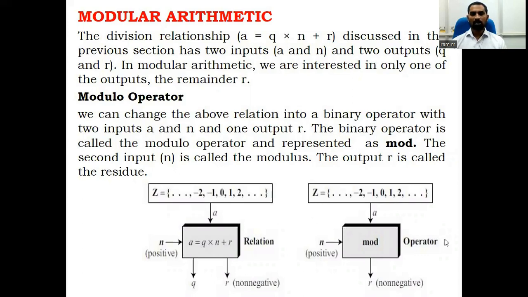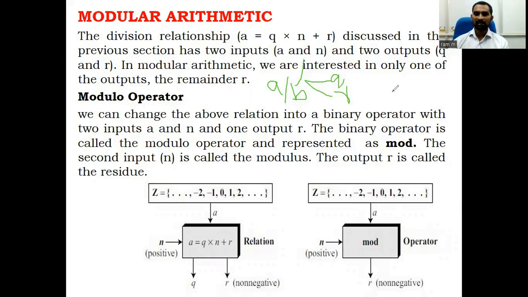We can change the above relation, A = Q × N + R, into a binary operator with two inputs A and N and one output R. During the division operation, we said we cannot consider division as a binary operation, because compared with addition, multiplication, or subtraction, it gives two different outputs, Q and R.